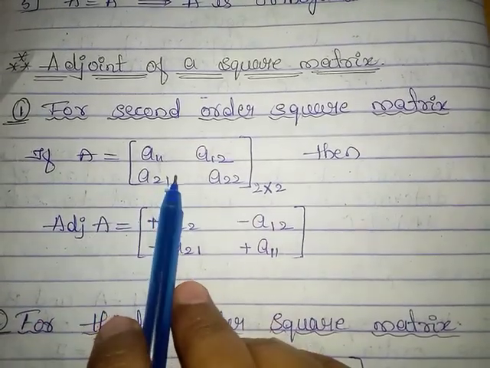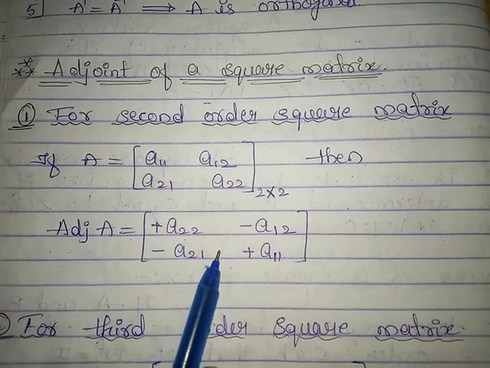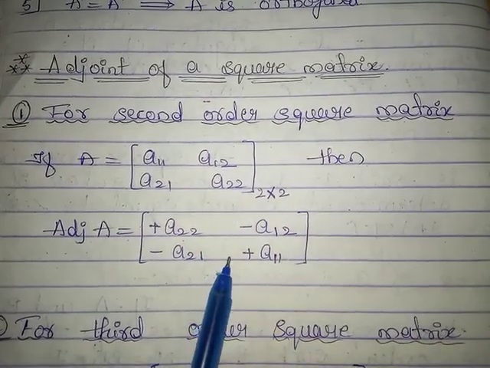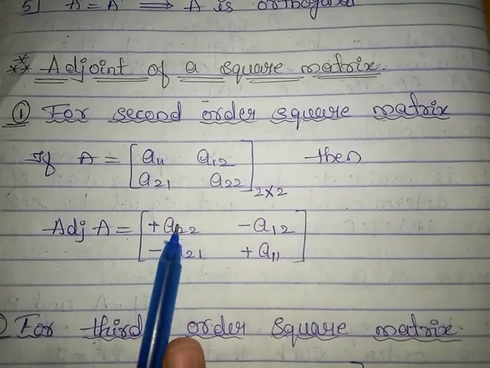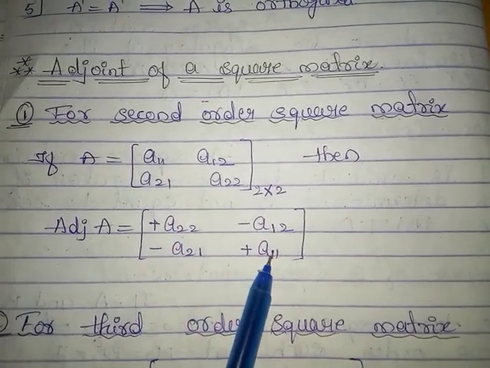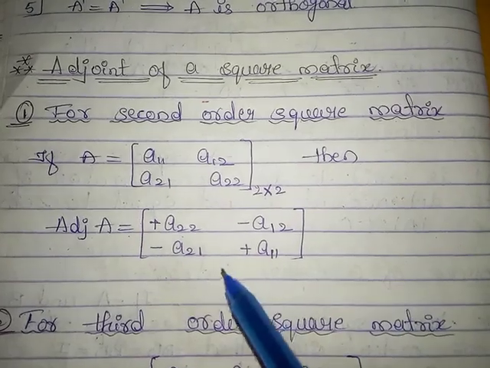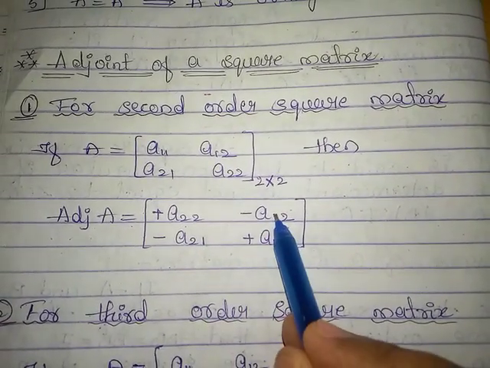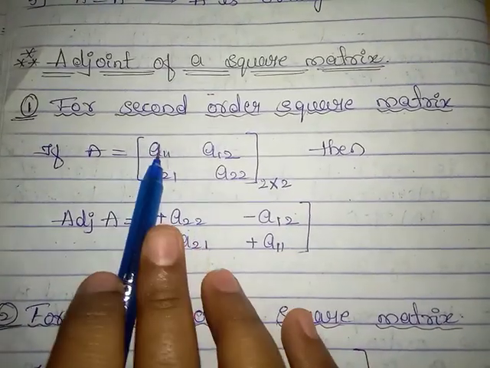See here, this is the given matrix and this is the adjoint of A. For a second order square matrix, the adjoint of A is obtained by interchanging the diagonal elements and changing the sign of non-diagonal elements. See, these two are diagonal elements.